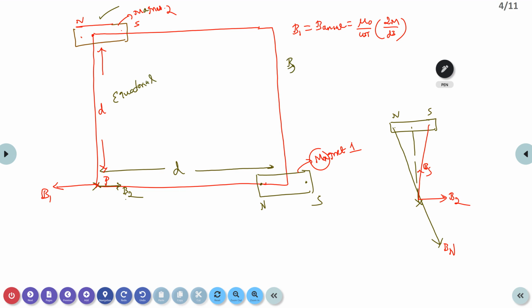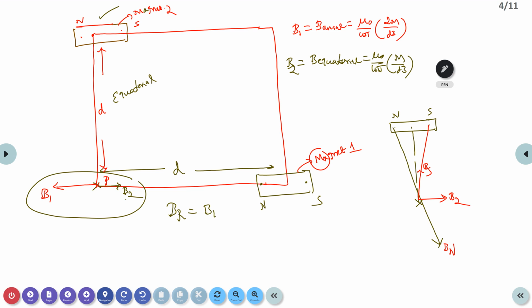So B2 equals B equatorial equals mu naught upon 4 pi into m divided by D cube. Since these two are acting in opposite directions, the resultant magnetic field equals B1 minus B2.